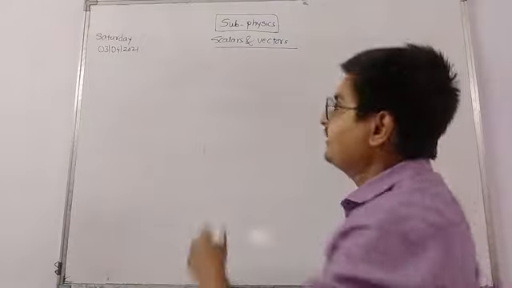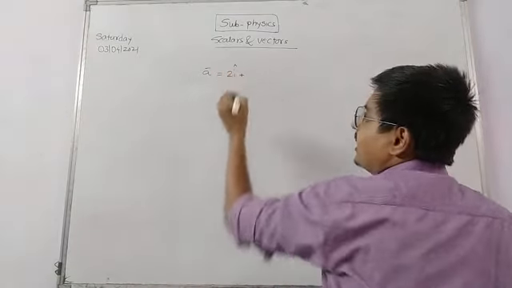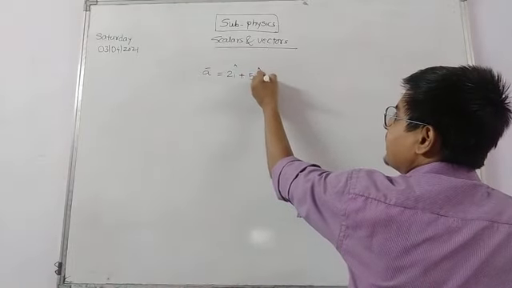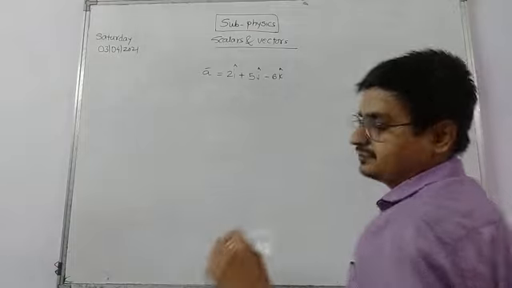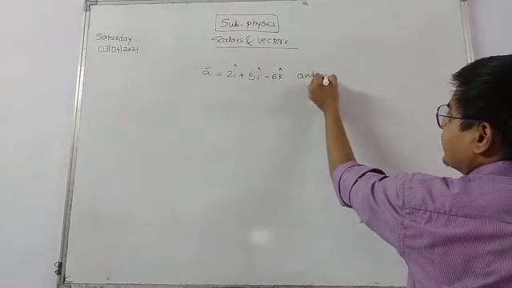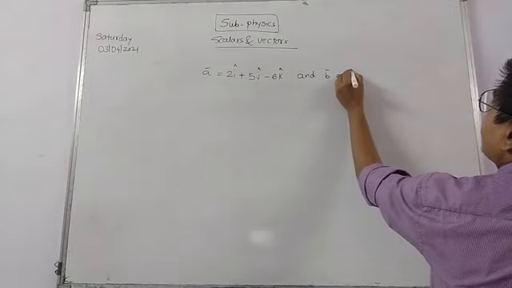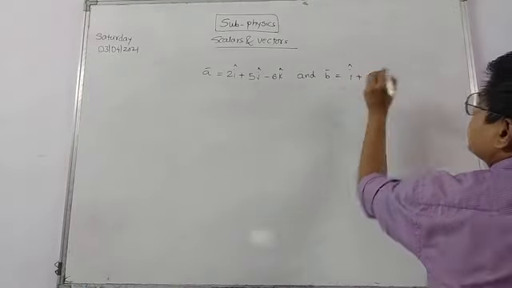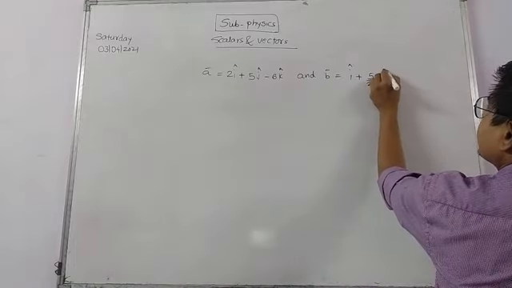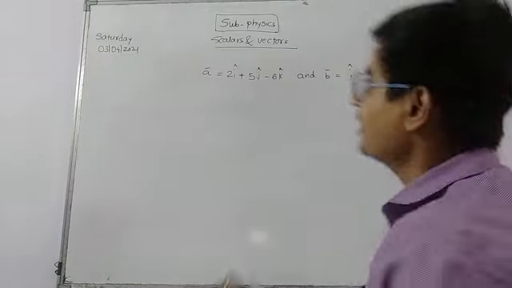Show that the vectors a bar equal to 2i bar plus 5j bar minus 6k bar, and another vector b bar is given. b bar is i bar plus 5 by 2 j bar minus 3k bar, are parallel.